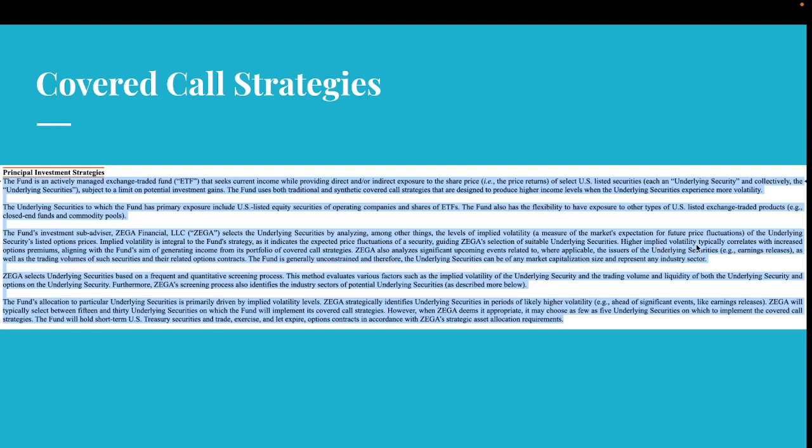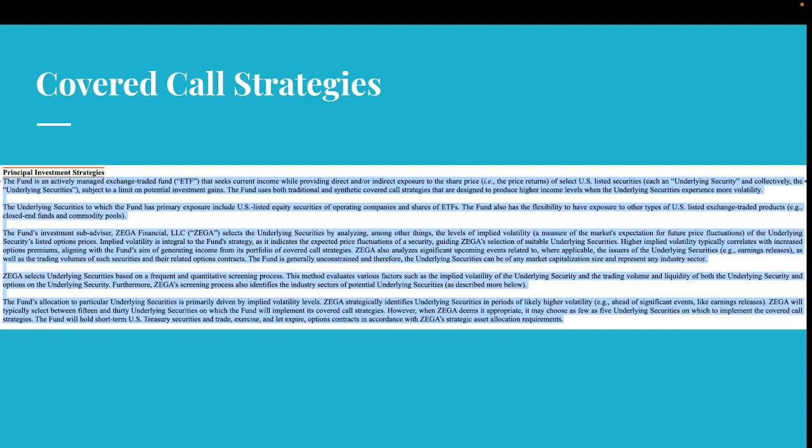Higher implied volatility typically correlates with increased option premiums, aligning with the fund's aim of generating income from its portfolio of covered call strategies. Zega also analyzes significant upcoming events related to, where applicable, the issuers of underlying securities, i.e., earnings releases, as well as trading volumes on such securities and the related option contracts.